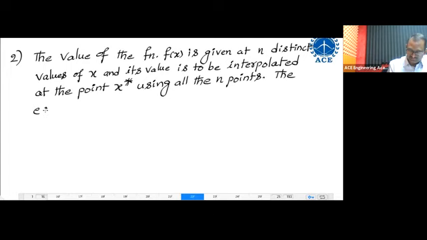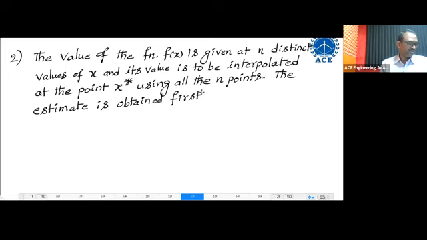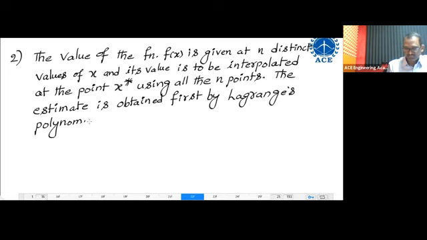The estimate is obtained first by the Lagrange's polynomial denoted by IL.